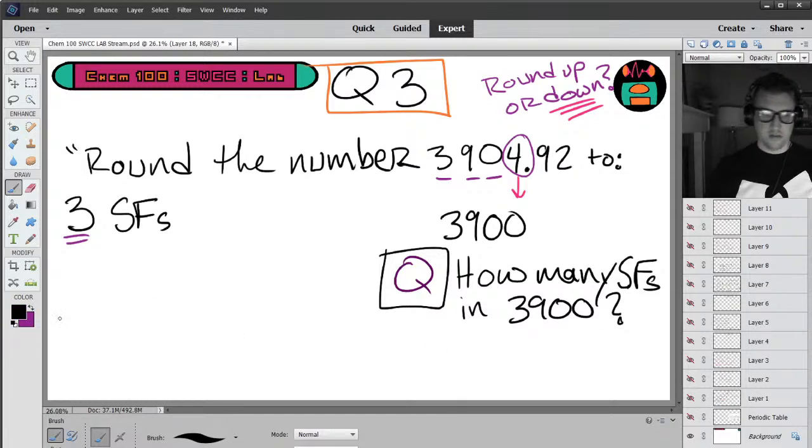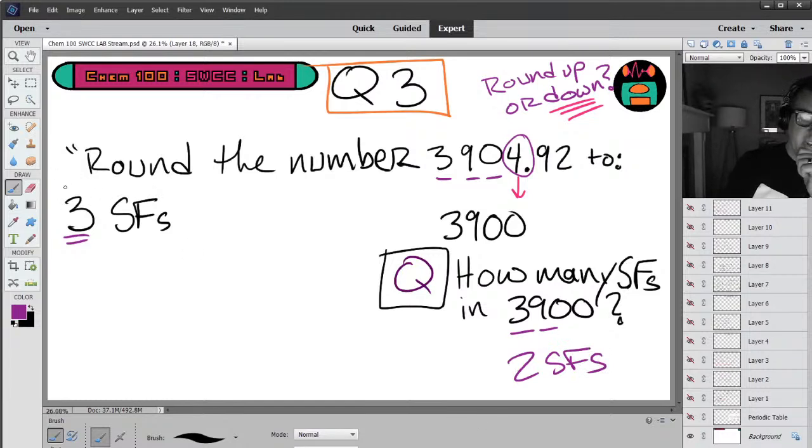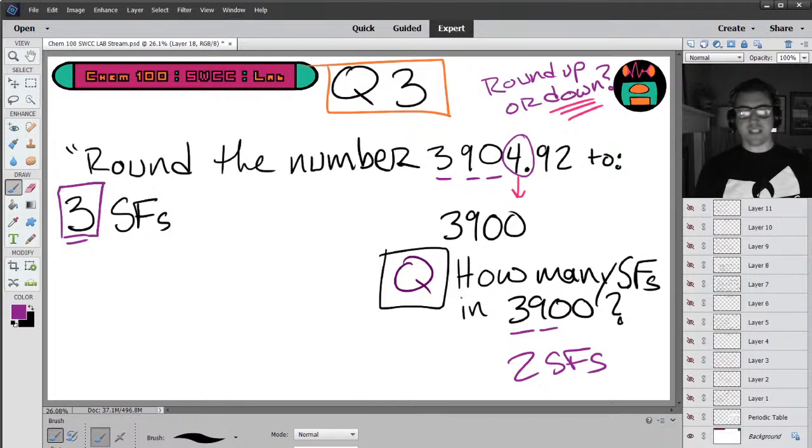And the answer is 2. Right, there are 2 sig figs in that number, but we're trying to round it to 3. So the challenge we now have is, how do you write the number 3,900 with 3 significant digits? And the answer is with scientific notation.